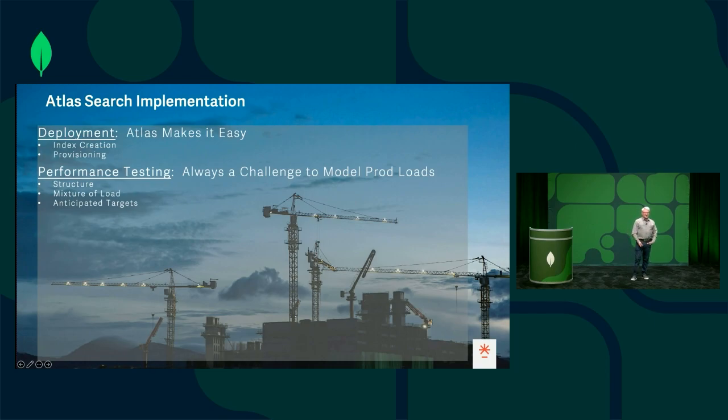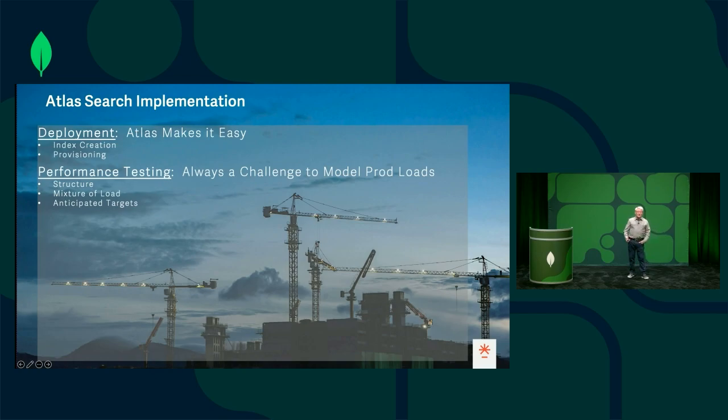Performance testing. So this one is interesting because during the process of implementation, after we had selected Atlas Search, we still were constantly running performance tests. And if you've got any experience with performance testing, you know that it's always very difficult to create your model. How do you get a performance test that is representing reality of what will happen when you put it in production?